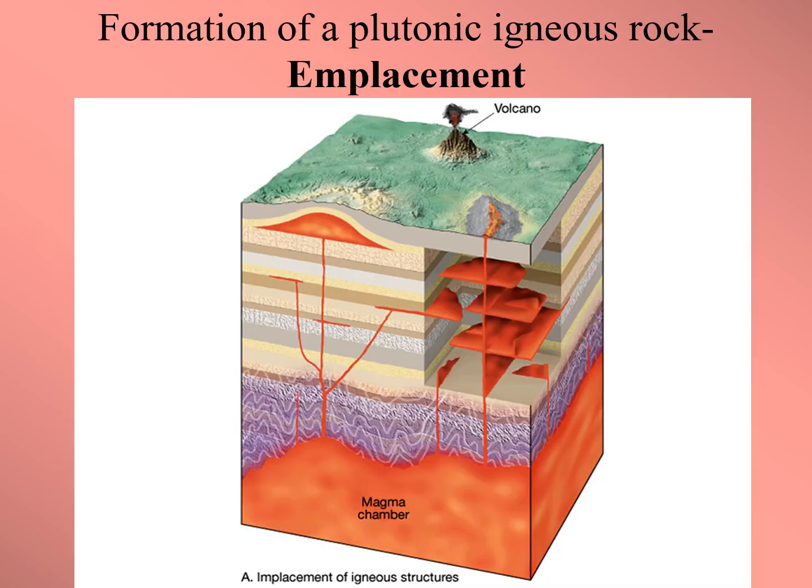So when a plutonic rock is formed, we say that it's being emplaced, right? As the magma chamber down here is producing melts that are moving up through the lower crust, which is generally some kind of metamorphic, super deformed, very old rock we call basement rock.